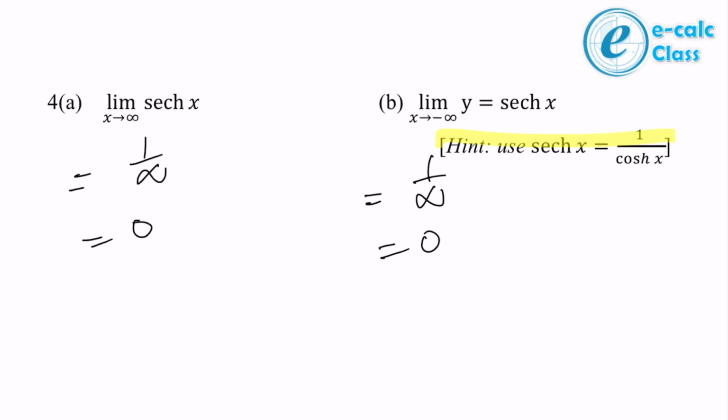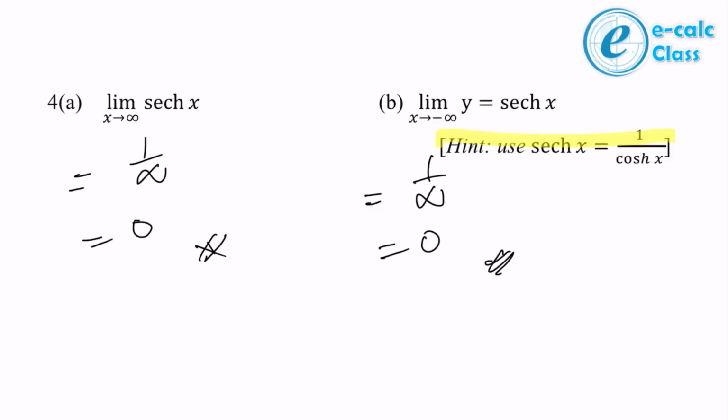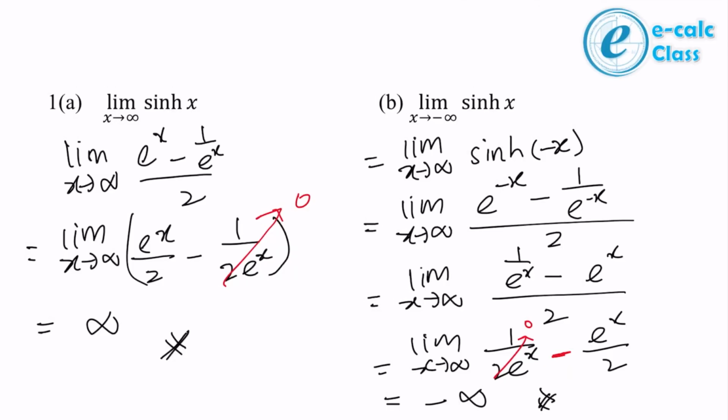Check the graph for secant hyperbolic. You see, when x approaches infinity it is approaching 0. Negative infinity also 0. Hence, two of them are correct. Okay, next, cosecant hyperbolic. This is when you need to be a little bit careful because your sinh is one positive, one negative infinity.